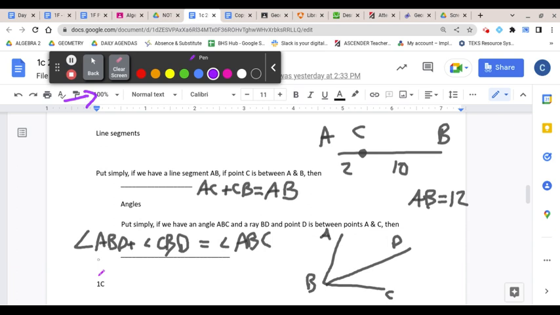Okay, so ABD is this little purple angle right here, and then plus CBD, this little blue angle right there, equals this whole angle ABC. Okay, so let's say ABD is 30 degrees and CBD is 25 degrees. Then all of angle ABC is going to be 55 degrees.